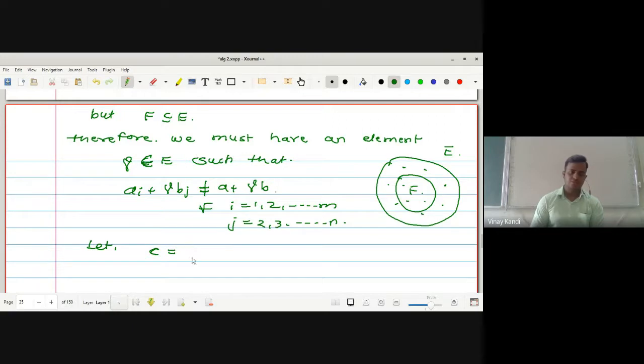Okay, now let that element c be equal to a plus gamma b. The element is named a plus gamma b.